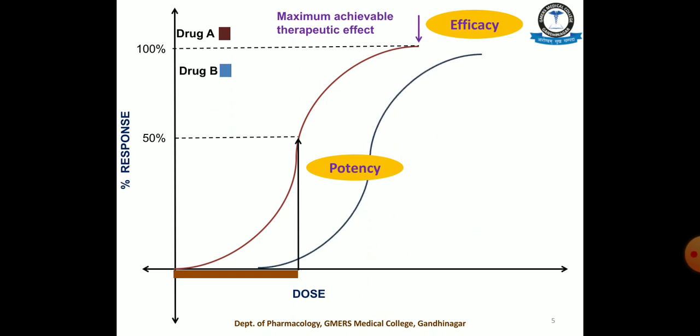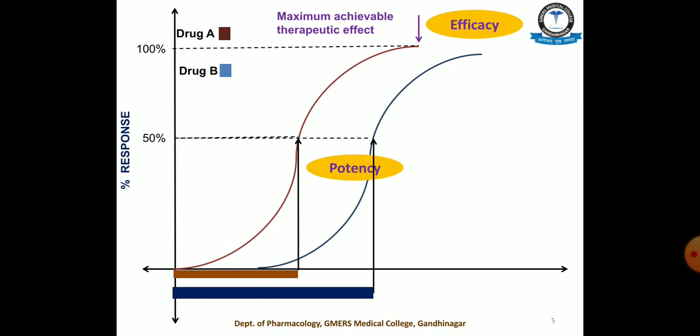Now suppose this is the dose response curve of drug B. For producing the same response, the 50% response, the amount of drug B required is this.